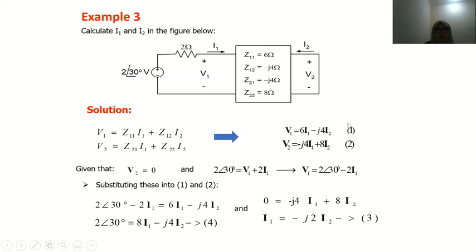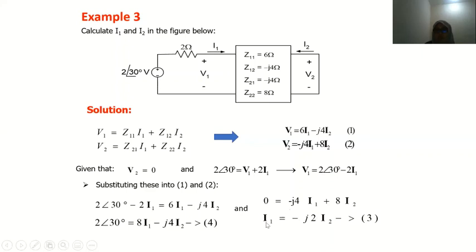Then you substitute V2 equal to 0 into your second equation, which gives 0 equivalent to minus j4I1 plus 8I2.